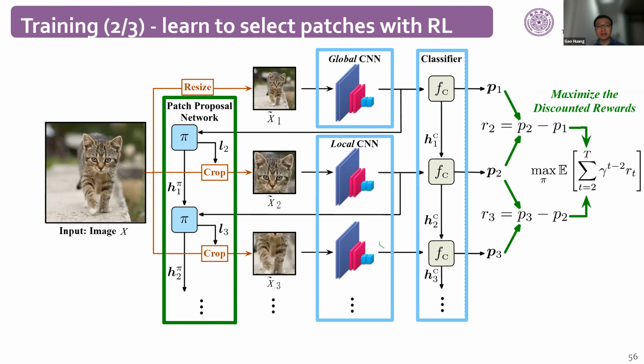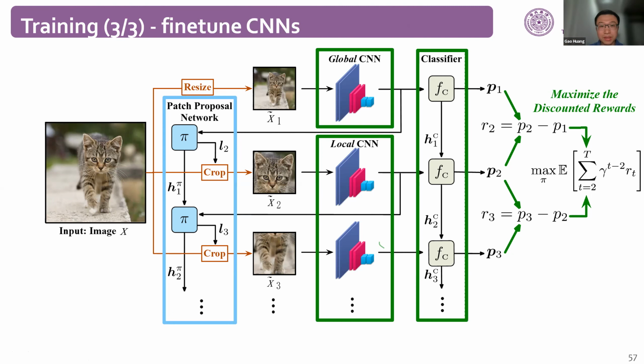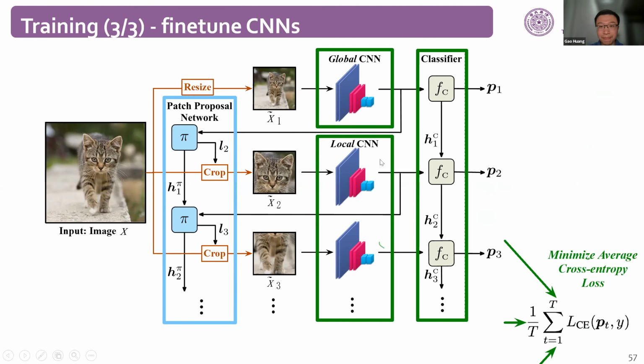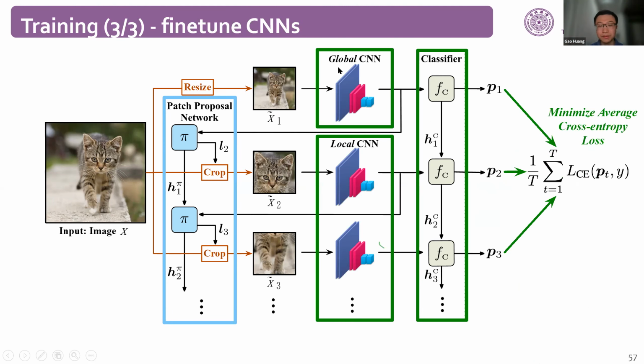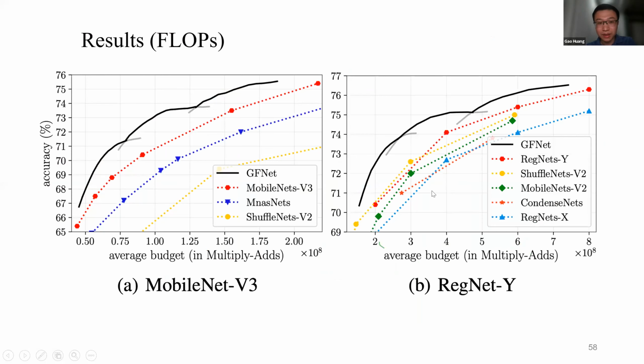So the patch proposal network can be trained with reinforcement learning, and finally we fine-tune the whole system, the backbones and the final classifier, with the cross entropy loss. So that's all for the training process, and the performance is also quite encouraging.